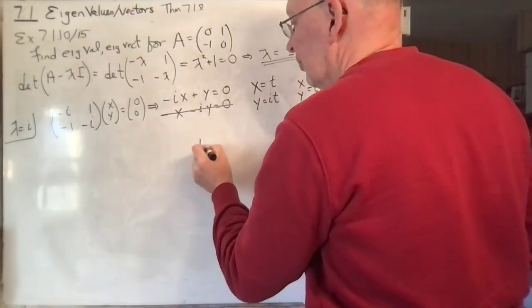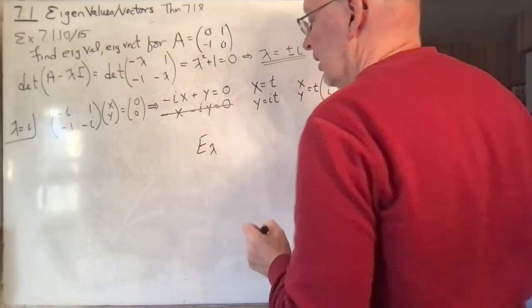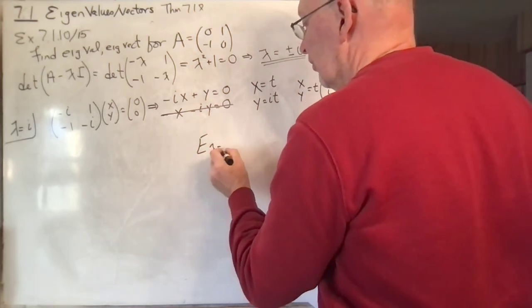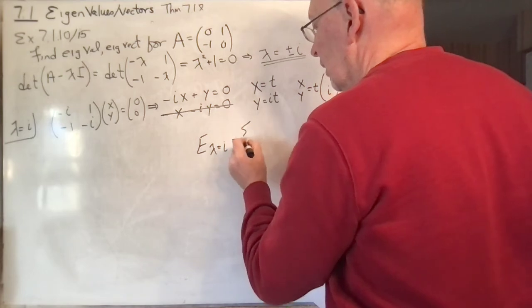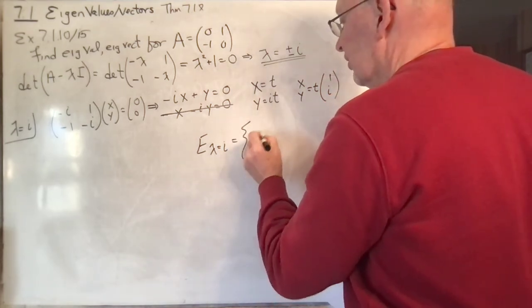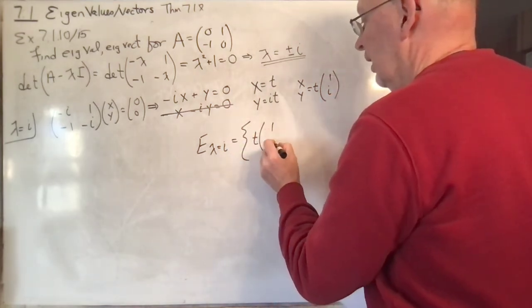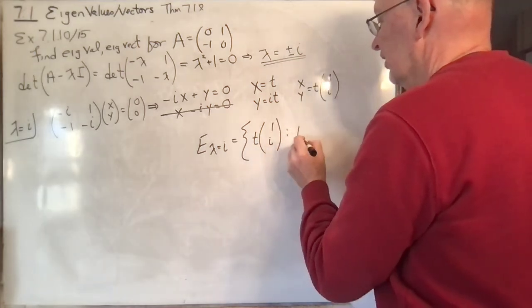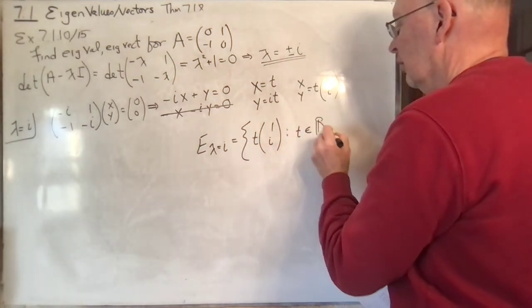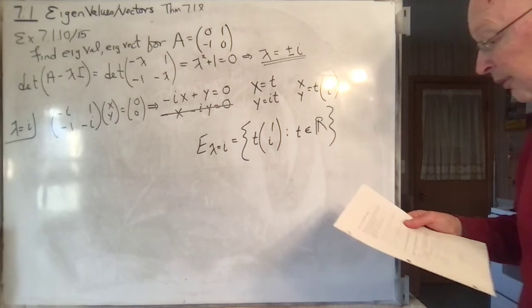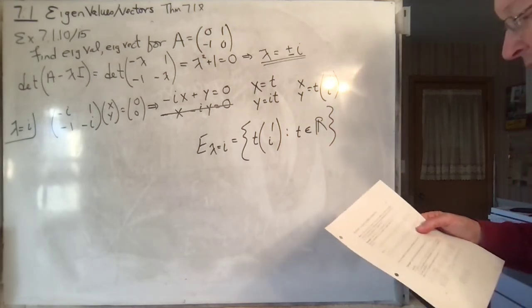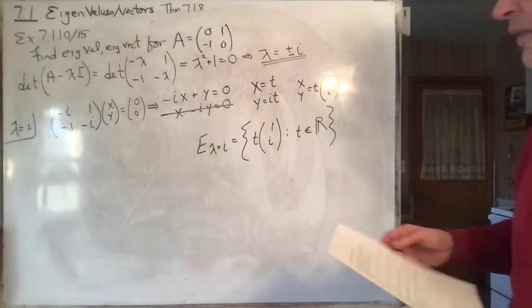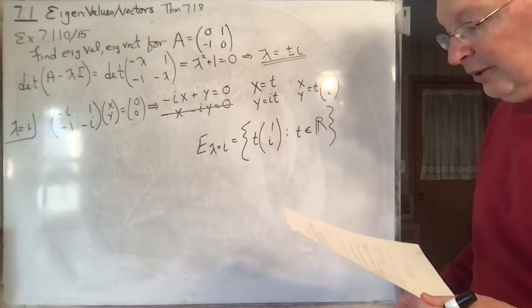So your eigenspace is all the vectors t times (1, i), where t is a real number. So there they all are right there. And you can go through and do the same thing for -i and get the same thing there.